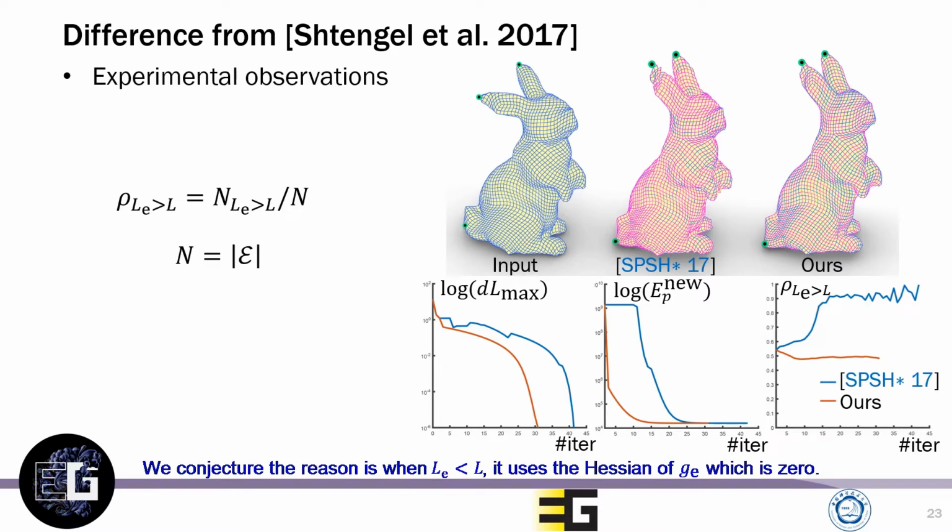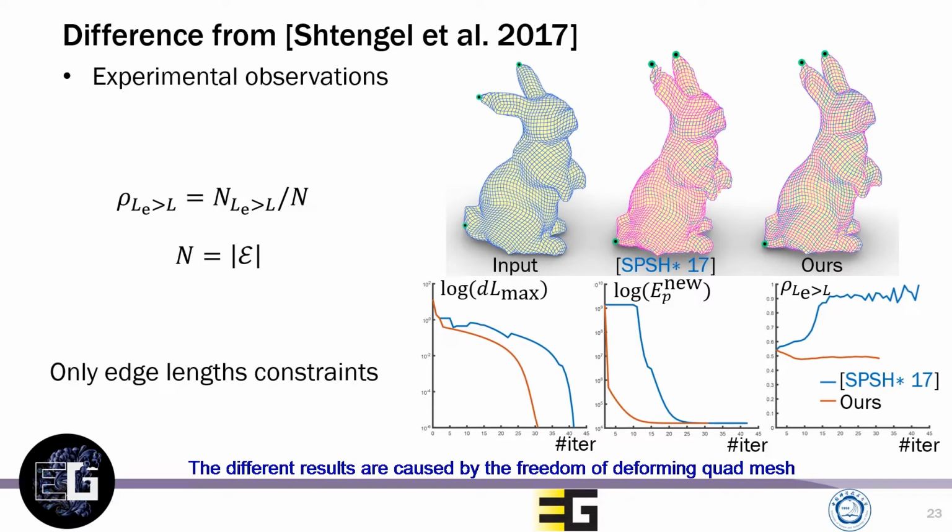We conjecture the reason is when L_e is smaller than L, it uses the Hessian of g_e, which is 0. Consequently, their solver uses many iterations to remove the influences of the lost Hessian. And such a process leads to noisy results. Despite the noise, the result is also a discrete Chebyshev net. The different results are caused by the freedom of deforming the chord mesh with only edge length constraints.